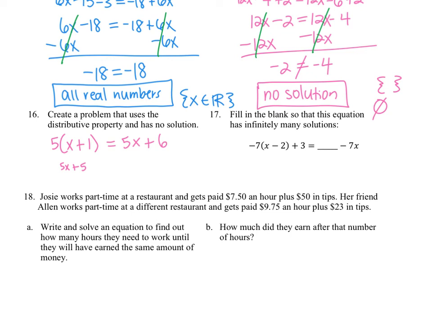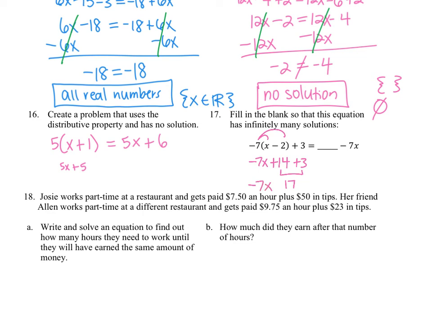Okay, on the right side, fill in the blanks so this equation has infinitely many solutions. So you want to run through this to make sure that you fill in the proper number. So negative 7 times x would give us negative 7x. Be careful here. Negative 7 times negative 2 gives us a positive 14. And we have that plus 3 on the outside. And those two are going to combine to be 17.